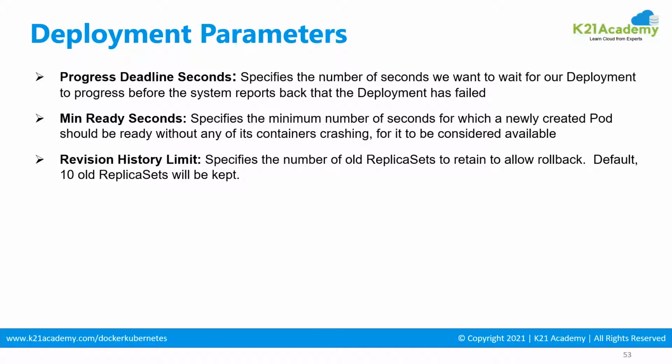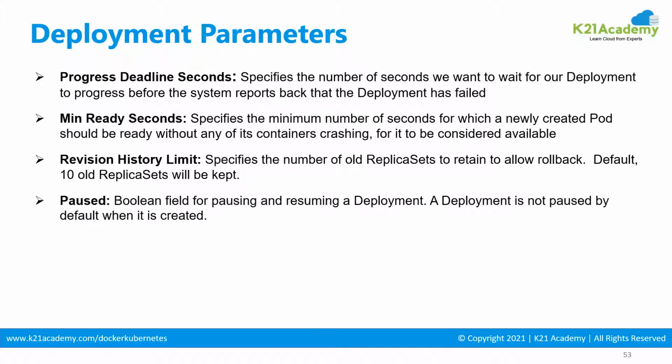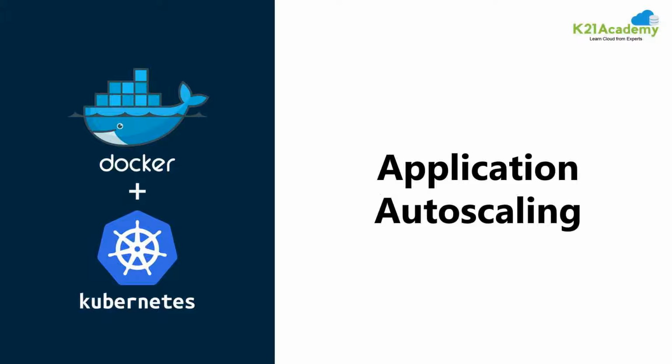So for revision history limit, you can just keep this in mind, guys. We can have only 10 old replica sets, and paused is one of the fields. If something is going wrong, you can pause the deployment, make changes to it, and you can undo the pause, right? That is nothing but a pause.